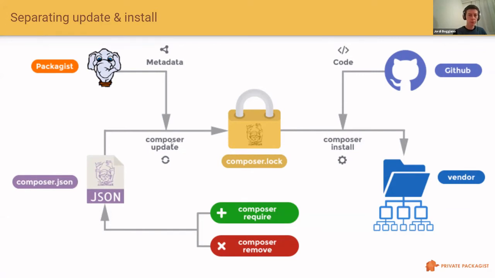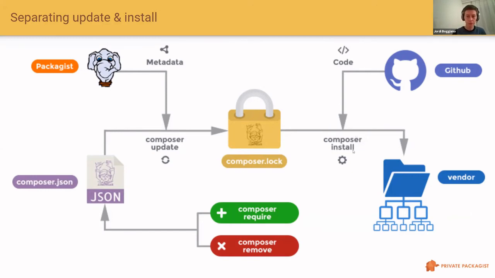No matter what, when you run a Composer update, either as a plain command or via these two, it reads the composer.json, goes to packages.org or whatever repos you have configured, fetches package metadata, resolves the dependencies, and outputs a composer.lock file. At that point, the update step is completed. We have a lock file. That's really all we care about in the update step.